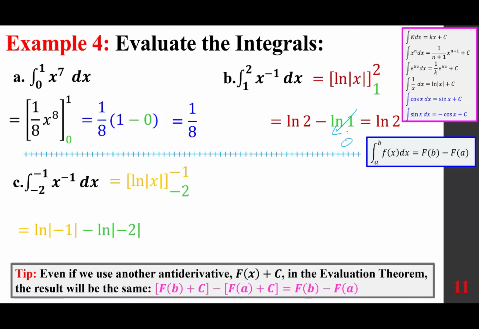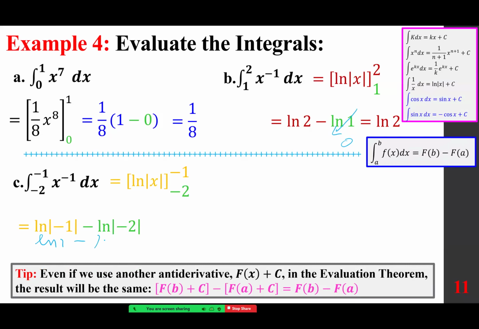Because ln of negative 1, or for that matter, ln of negative 2, they don't exist, they're undefined. But ln of negative 1, we're going to change it to ln 1 because of the absolute value. This one, we change it to ln 2 because of the absolute value. ln 1 is 0 minus ln 2. And bear in mind, this is an exact answer, everybody.